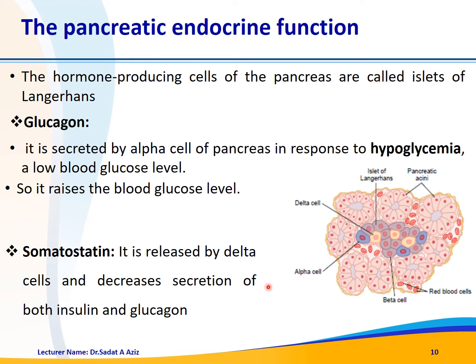Somatostatin can also be produced by some other cells in the body, especially within the brain. But here, the function of somatostatin is to regulate the function of the alpha and beta cells of the pancreas. So somatostatin is secreted by the delta cells, and its function is to regulate the level of insulin and glucagon.